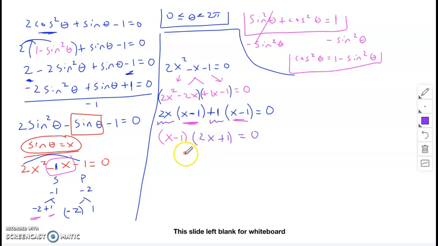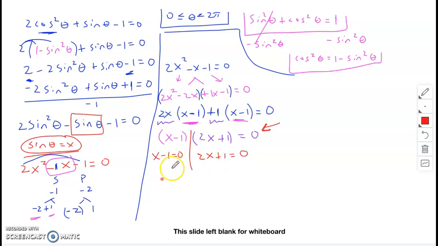Okay, let's solve for x. Now, every single factor, I'll make it equal to 0, because remember, I have my two factors in this case equal to 0. I'll do the same thing with the second factor, which is 2x plus 1.